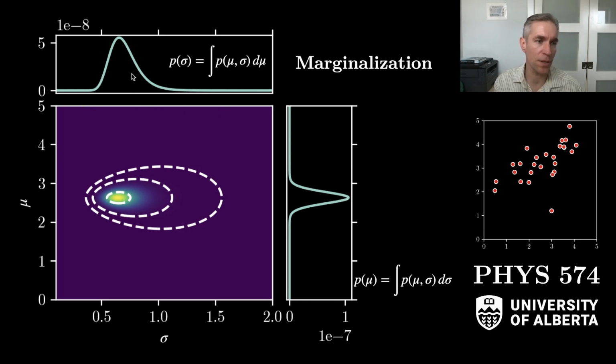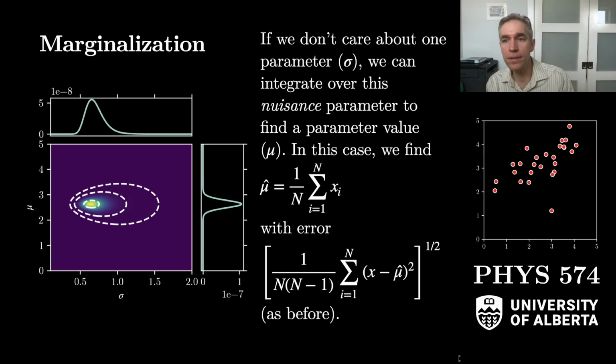You notice this one's a little tailed here, so it has this asymmetric tail. And this kind of analysis is particularly important if we don't care. So let us go ahead and say, in this case, we don't actually care about what sigma is. We still just want to find the mean of the data, but we don't know what sigma is.